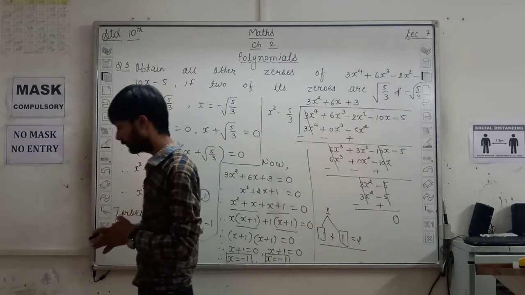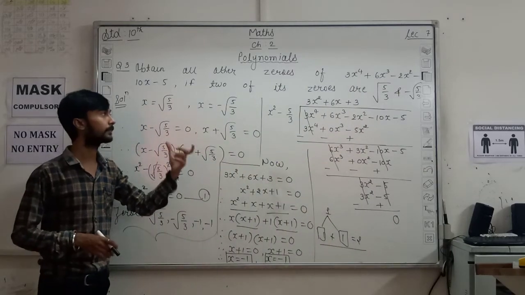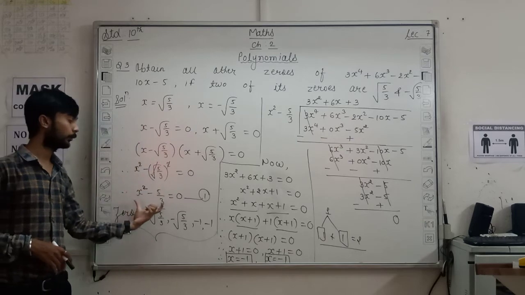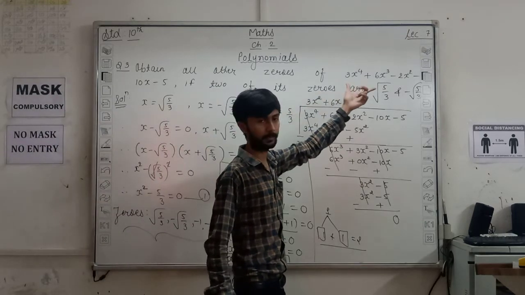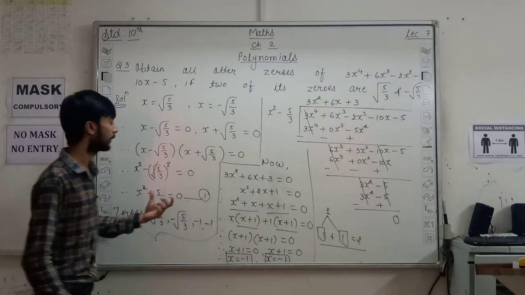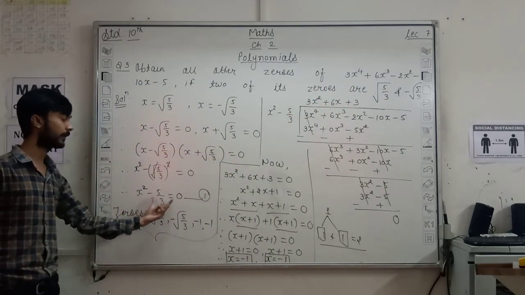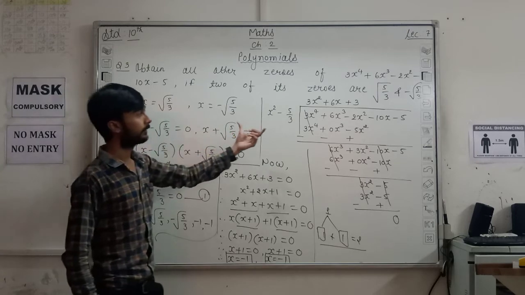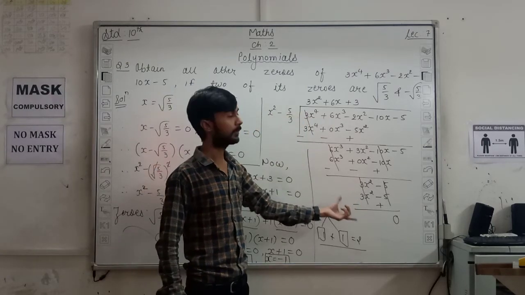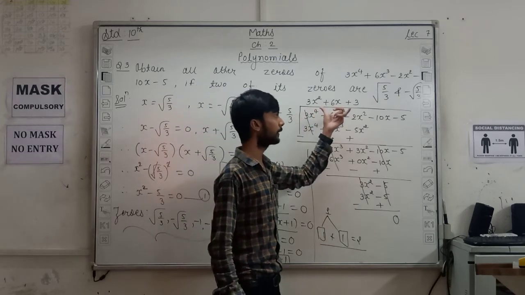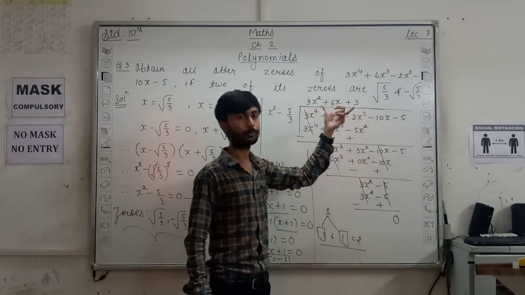So for that, from these given 2 zeros, we find a polynomial. So divide the given main polynomial, p of x, by this x square minus 5 by 3, right? Divide by the long division method. So we get another quadratic polynomial in the quotient.